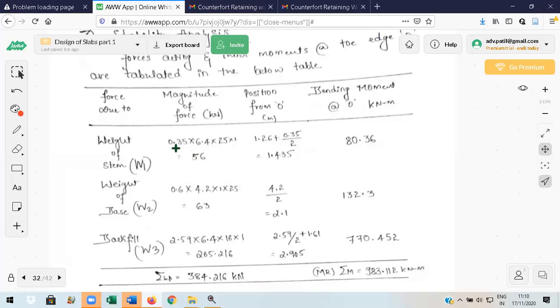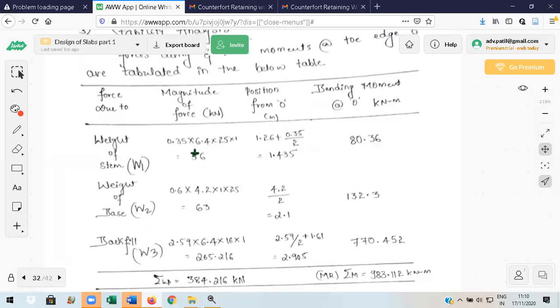So it is the cross-sectional dimension into 1 meter is the length of the stem, 25 is the density, 56. 56 kilonewton is the weight of the stem per meter length. It weighs 56 kilonewton. Then position is 1.26 plus 0.35 by 2.